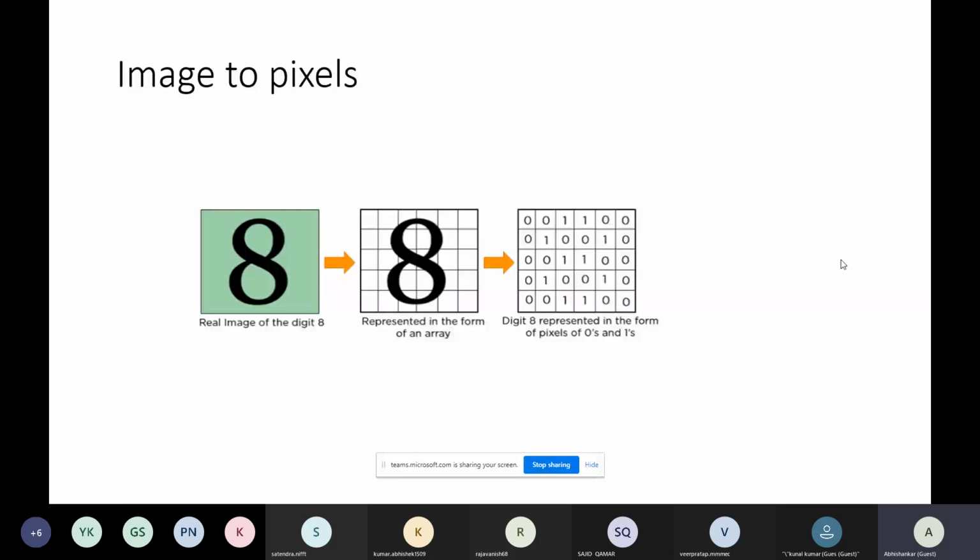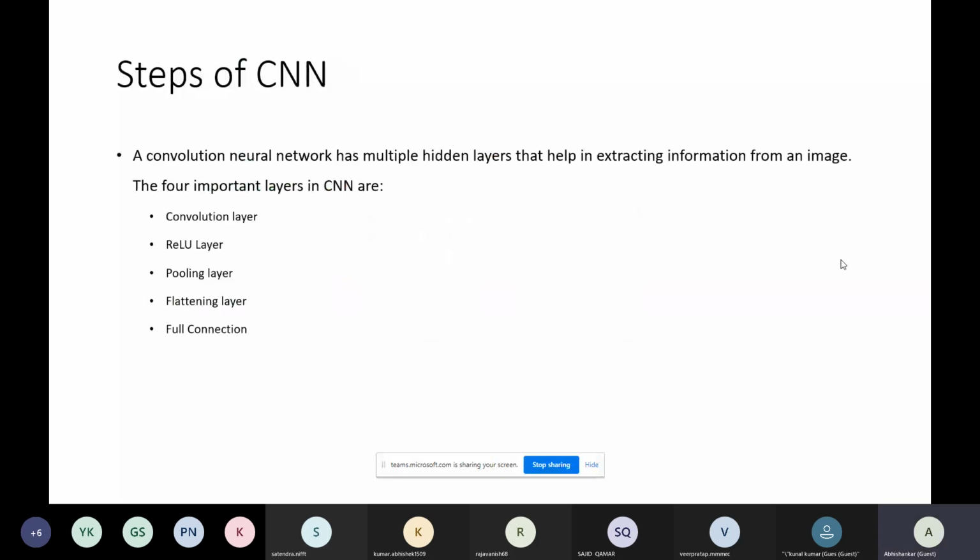So there are methodologies to deal with this. First, you pass your image, you have pixels, and then you process your pixels through different layers of a CNN, a convolutional neural network. Okay.